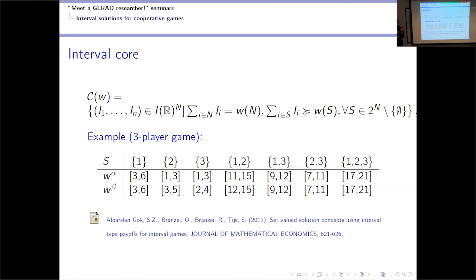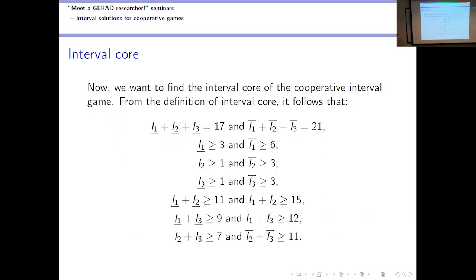So we compute the interval core just by considering 2 linear programming problems, using lower bounds and upper bounds, writing separately, just as you see here. Solving these linear programming problems gives us an element of the core, not the core itself.